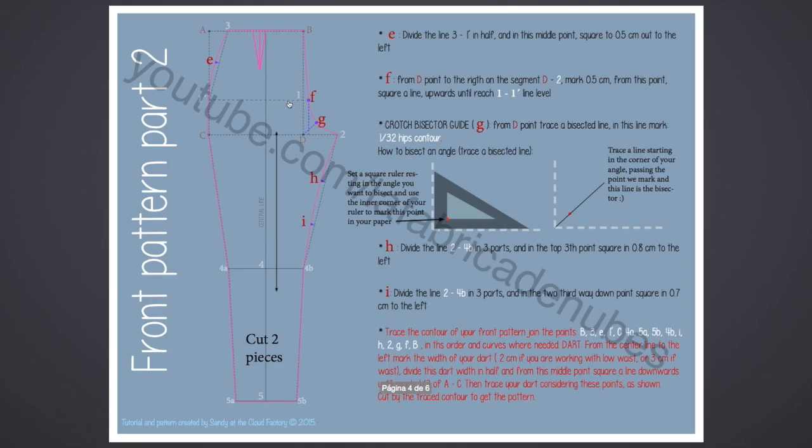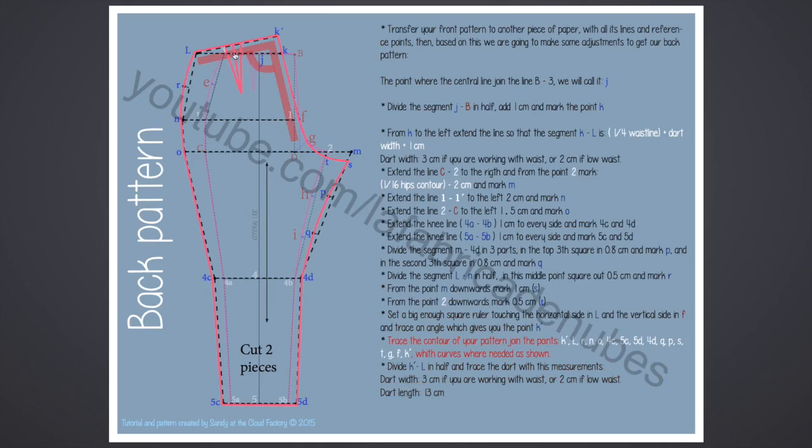To trace the dart of the back pattern, you have to divide this line, the line L, K prime, in half. In that point, square a line down, and that will be the center line of your dart. Now mark the half of the width of your dart to the left and the other half to the right.